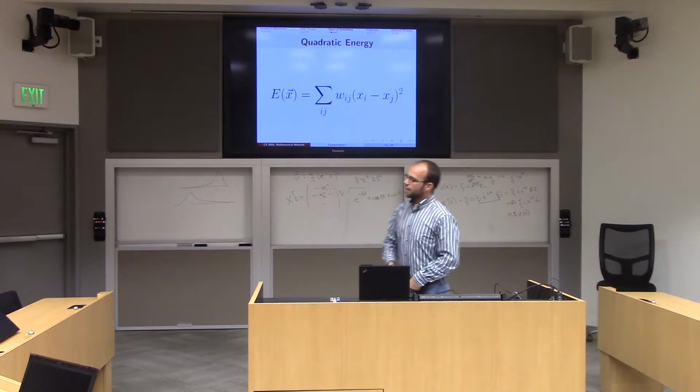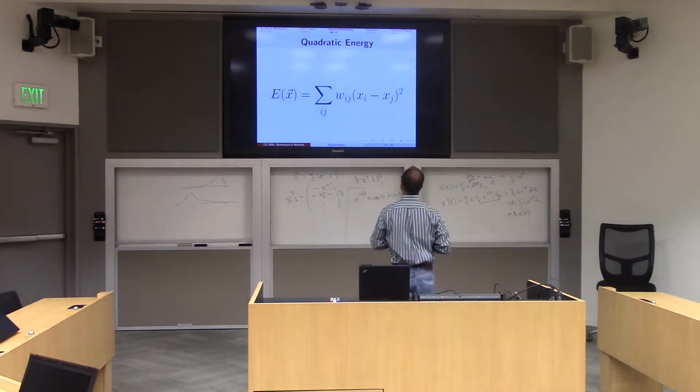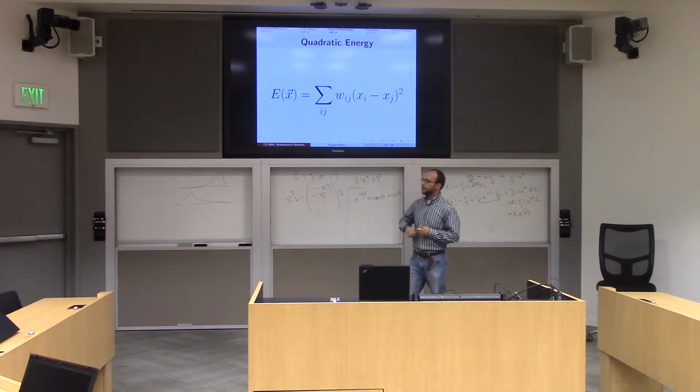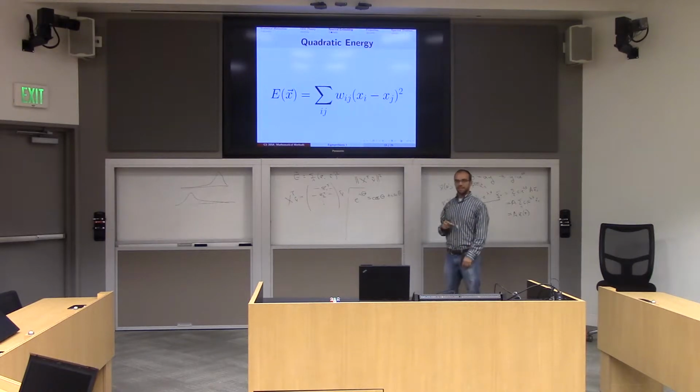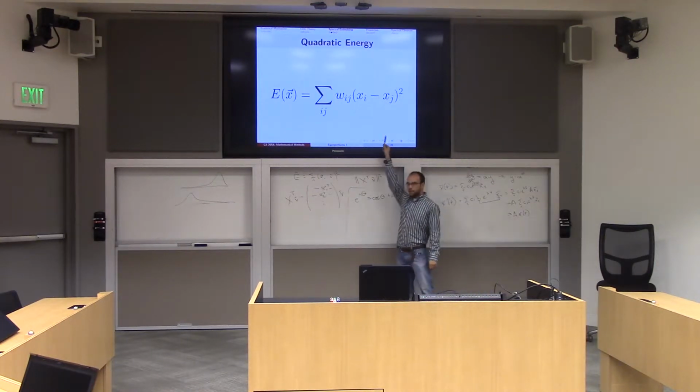So in particular, let's say that I have a bunch of these different x_i's. And x_i minus x_j is just how far apart they are on this embedding on the real line. So this number squared is how far apart they are, and what I care about is w_ij times this distance squared. So what is this saying?